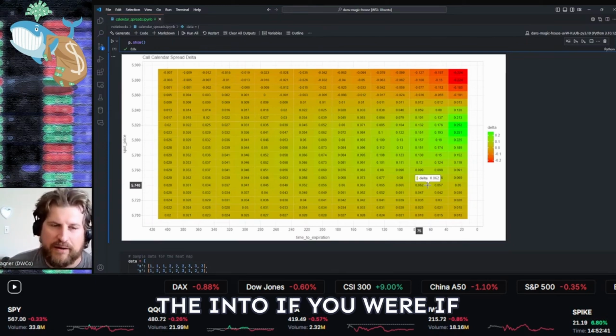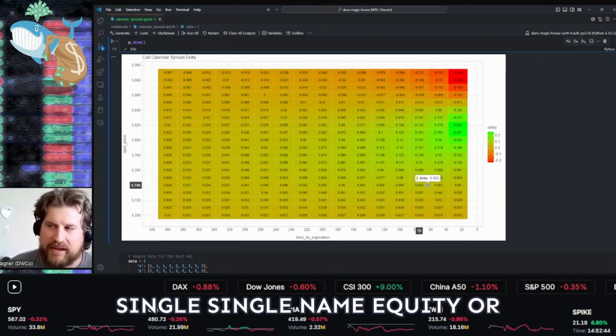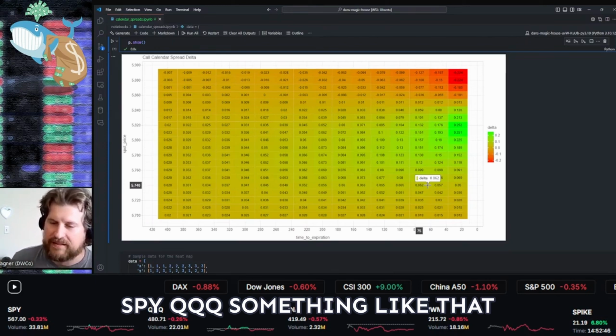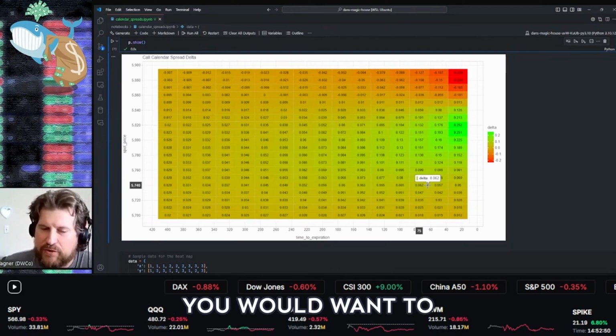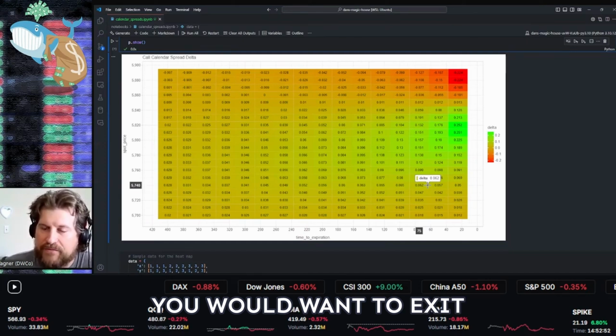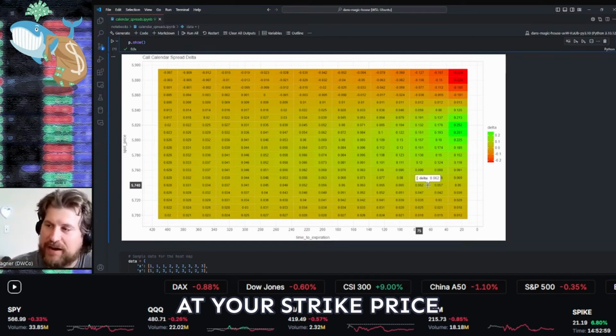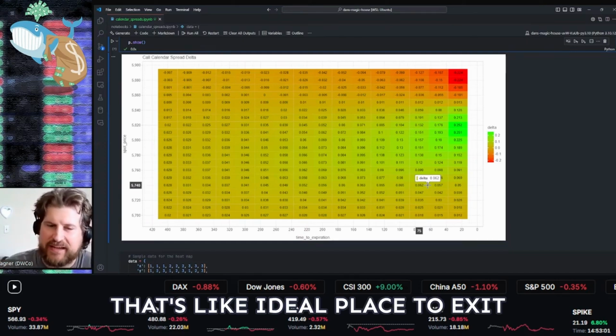If you were dealing with a single name equity or SPY, QQQ, something like that, generally speaking, you would want to exit at your strike price, right? That's the ideal place to exit.